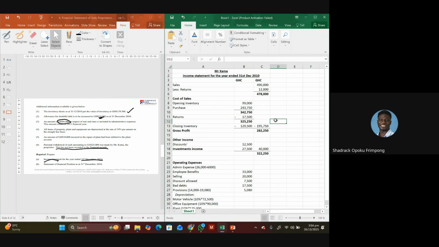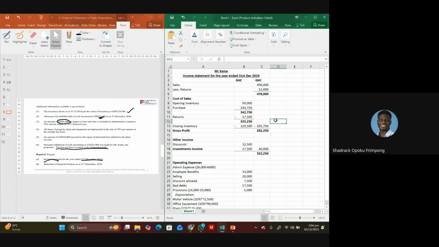If you joined the session where we talked about the accounting concept, we talked about periodicity and the matching concept. For the purpose of determining our profit, we are going to match all revenue that was generated in a particular year against all expenses that were incurred in that same period.